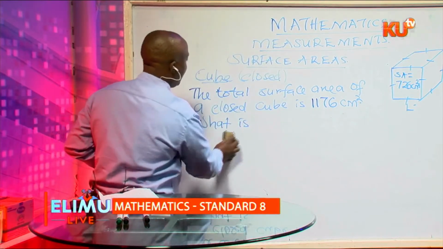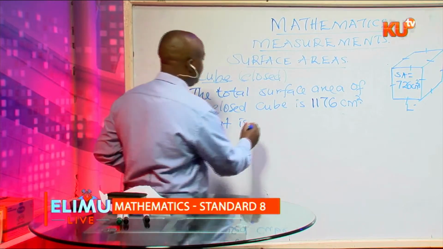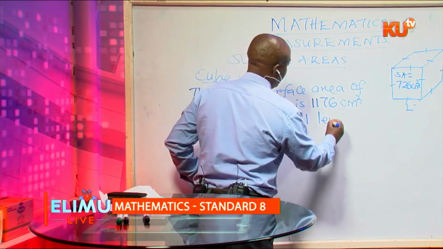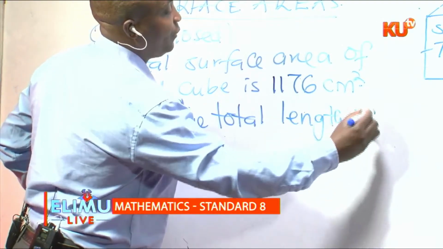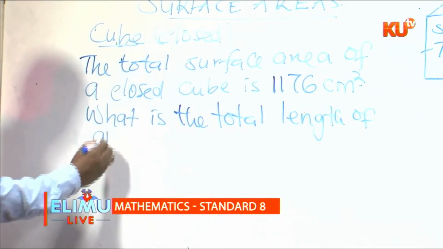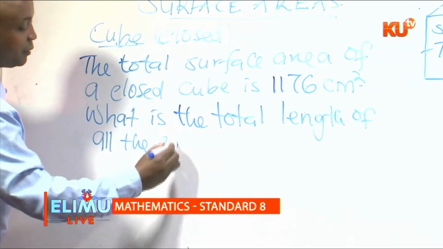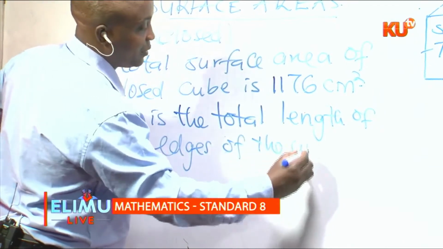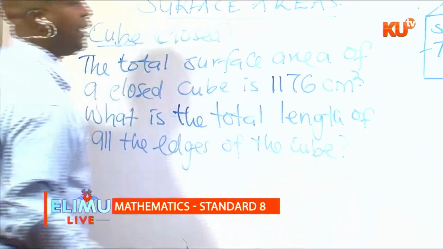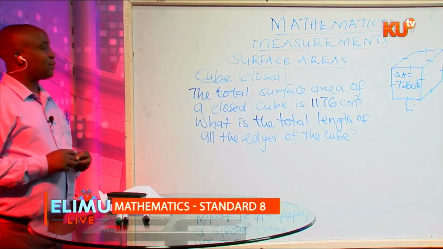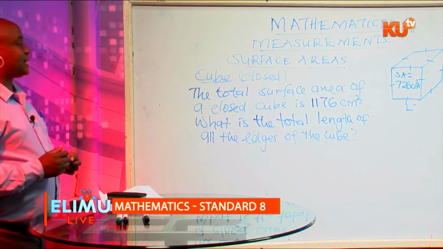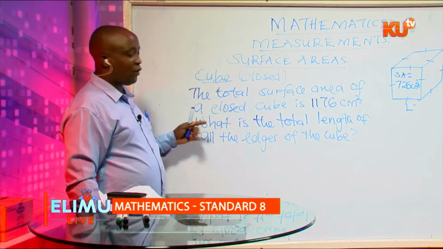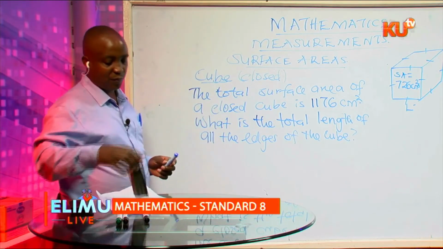We are going to get the total length of all the edges of the cube, not cuboid, sorry, of the cube. So the question is, what is the total length of all the edges of the cube?